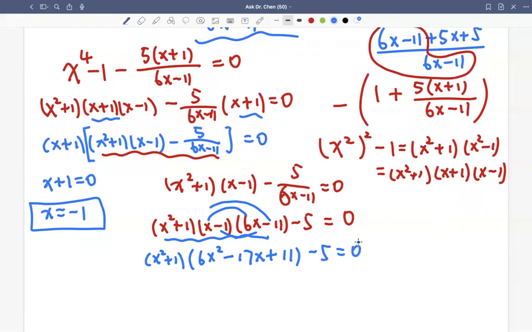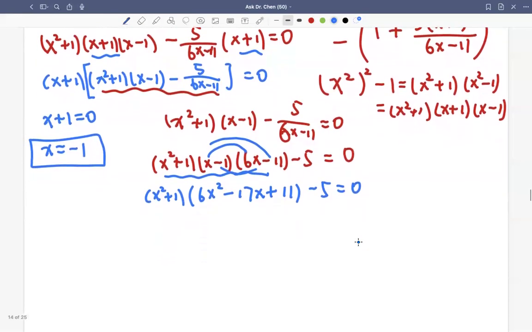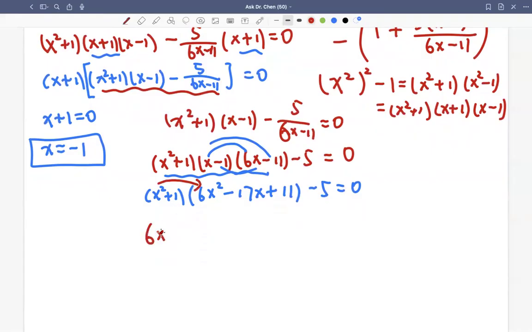Minus 5 equals 0. Now we have to multiply this binomial with a trinomial. So let's multiply x squared with everyone. So 6x to the 4th minus 17x cubed plus 11x squared. Then multiply 1 with everyone in the second term.